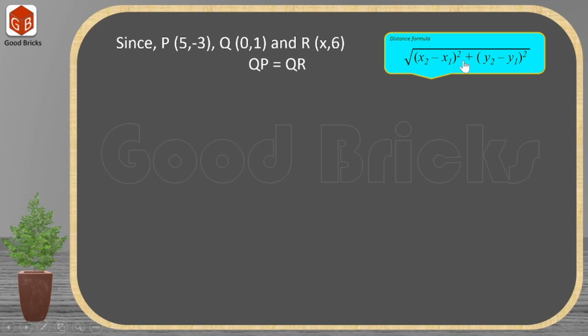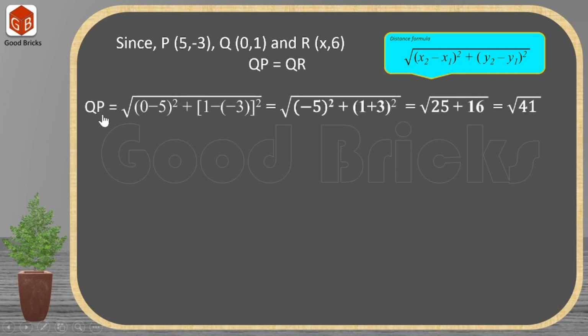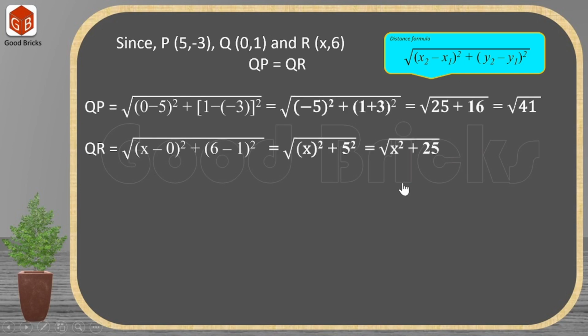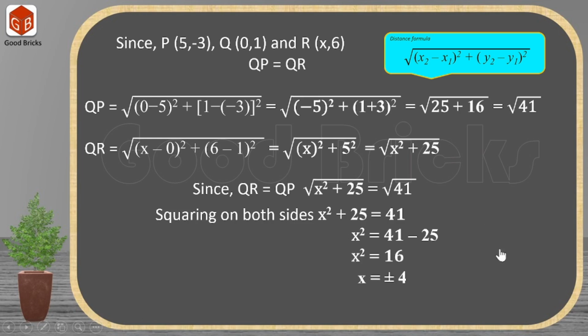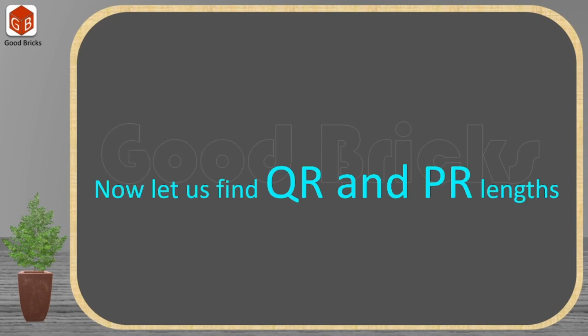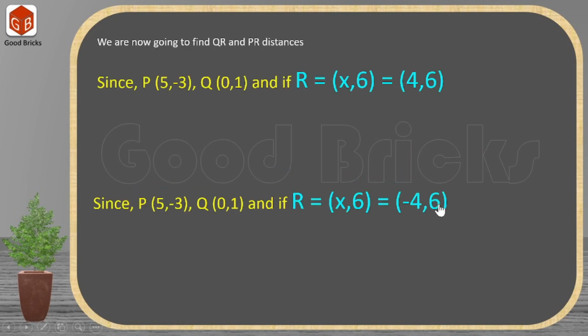Now using this distance formula, let us find the length of QP and the length of QR. Since these two are equal, we can write root of x square plus 25 is equal to root 41. Then after squaring on both sides and simplification, we will get x is equal to plus or minus 4. So now we got the value of x. We are going to find the lengths of QR and PR.